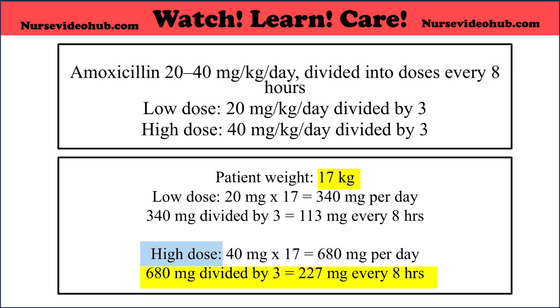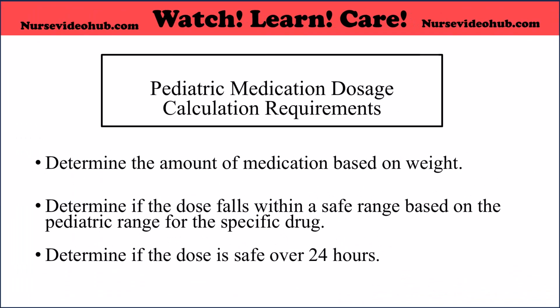Divide the 680 milligrams by 3, and you get the high dose as 227 milligrams every 8 hours. The prescribed dose must be between 113 milligrams and 227 milligrams every 8 hours to fall within the safe and effective range.